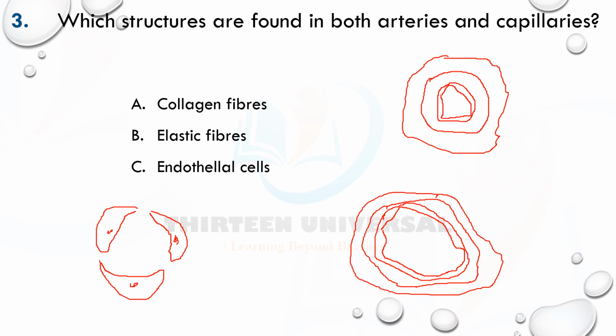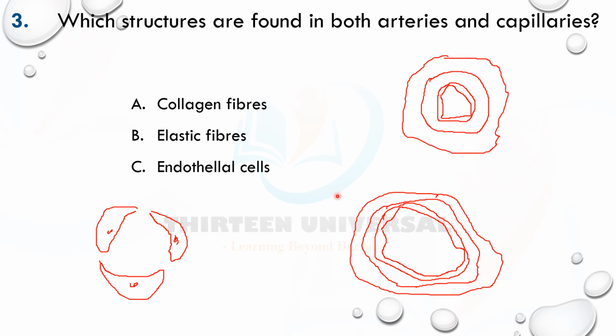Look at this, guys. This is capillary. It's one cell thick because the function is exchange. It allows exchange of material between blood inside the lumen and tissues around it. These cells are called endothelium cells.